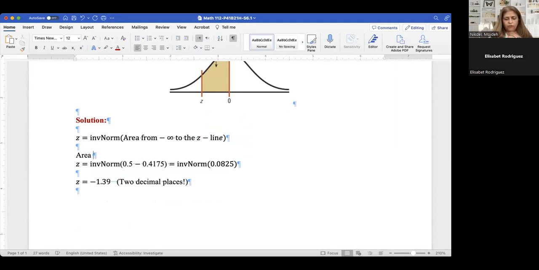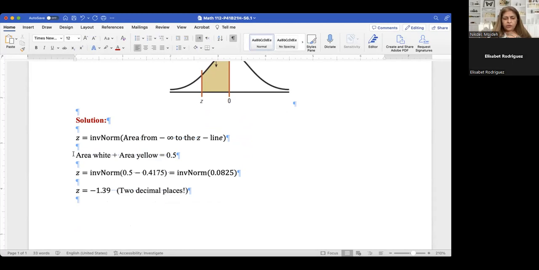Area of white region plus area of yellow region is equal to 50%, 0.5, correct? Now, if I isolate the area of the white, how do I isolate it? I subtract the area of the yellow from both sides.